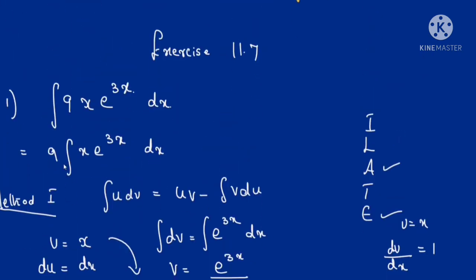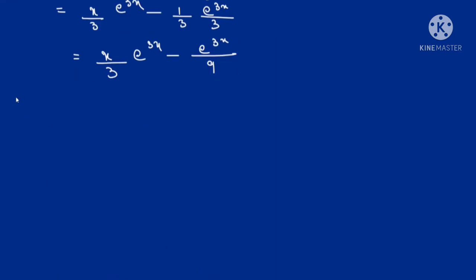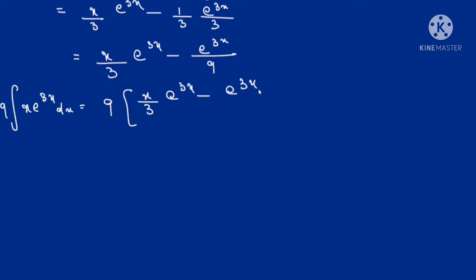Remember there was a 9 outside, which I hadn't included yet. So the integration of 9x e power 3x dx is 9 times x by 3 e power 3x minus e power 3x by 9, plus the constant c. You can see that e power 3x is common, and 3 is also common, so take them out.